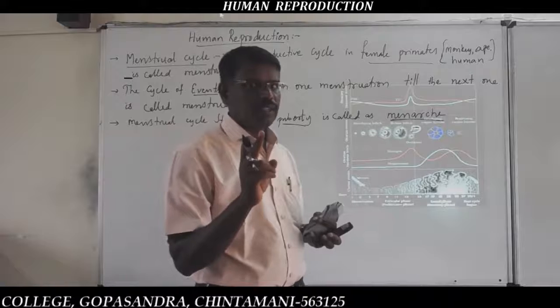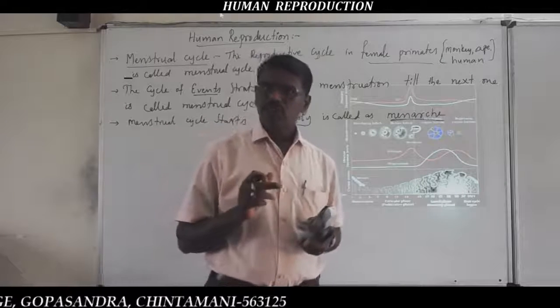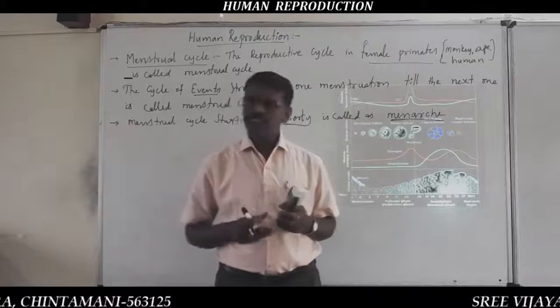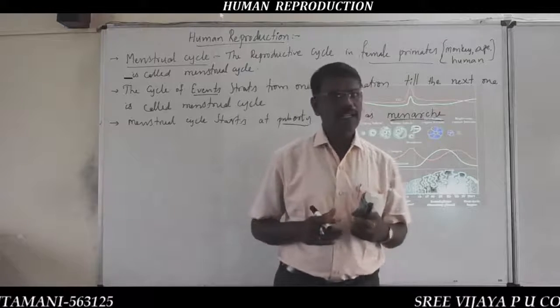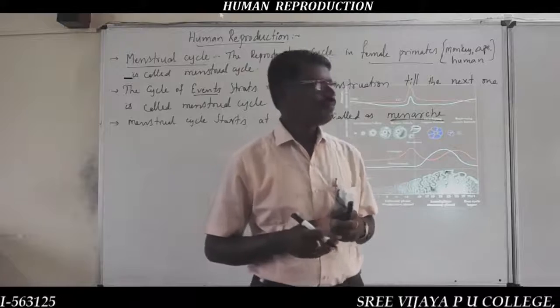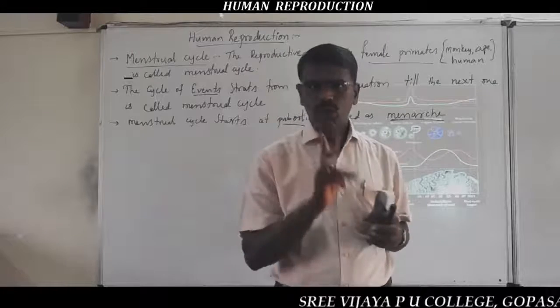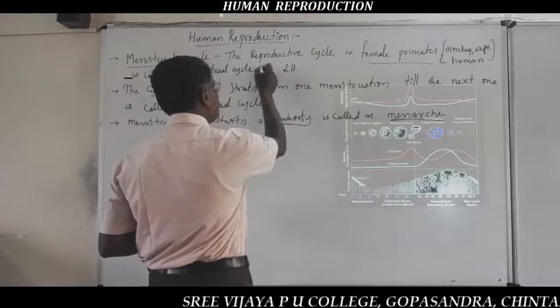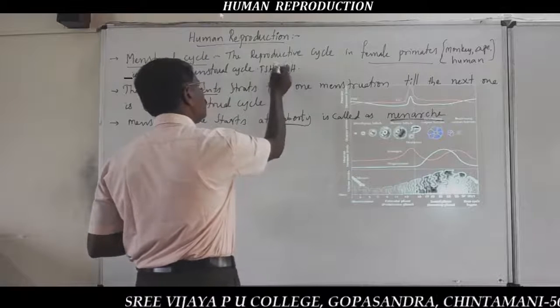GnRH is released by the hypothalamus, which activates the anterior pituitary gland, which produces two gonadotropins, the LH hormone and the FSH hormone.